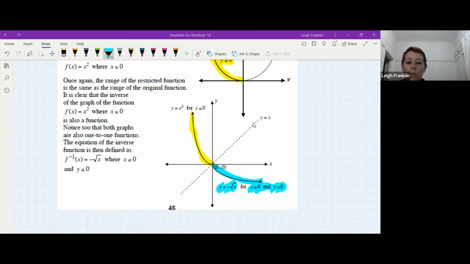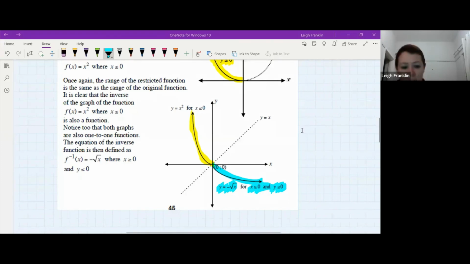Okay, so what is important to note here is that if we want the inverse of a quadratic function to be a function, we have to restrict the domain of the original function.